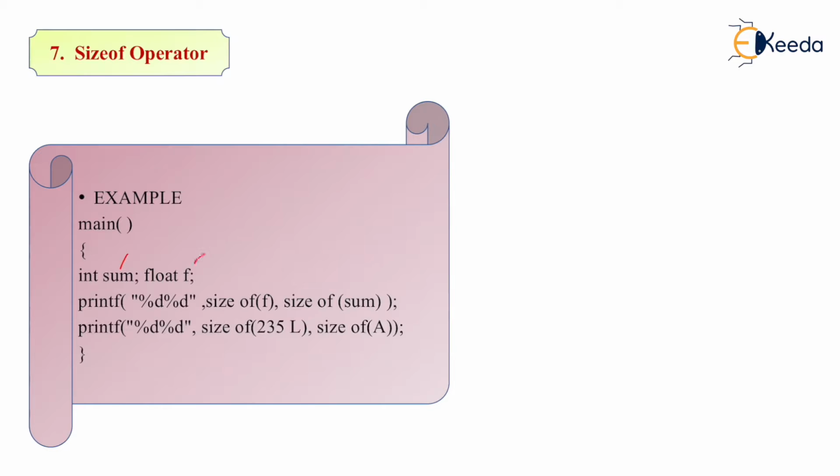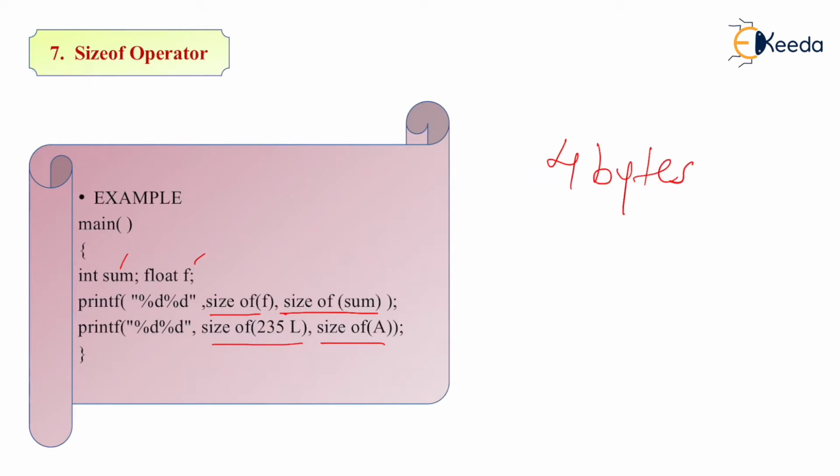Through that, we are printing the values as sizeof f, sizeof sum, sizeof 235L and sizeof 'A'. So the output you will get will be, for the size of f, 4 bytes, right?